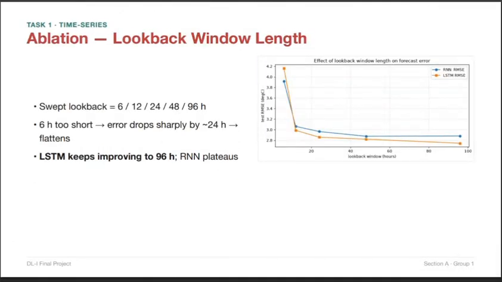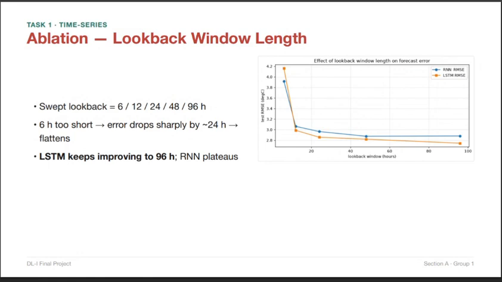Followed by this, we looked at different window lengths. We experimented with different window lengths, starting with 6 hours, going to 12 hours, and all the way up to 96 hours. 6 hours fell too short because it didn't capture the variations, specifically the temporal seasonality, very well, whereas 12 hours worked fine because it captured a one-day cycle.